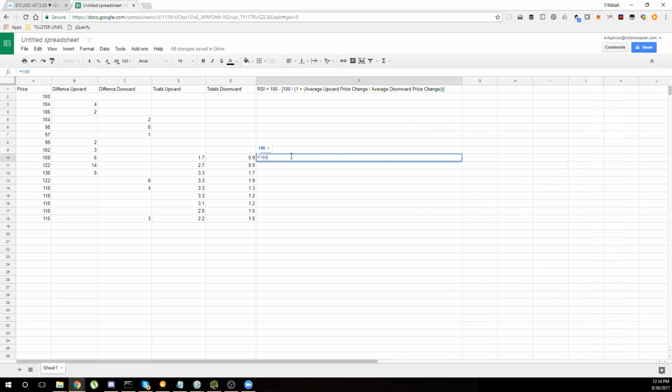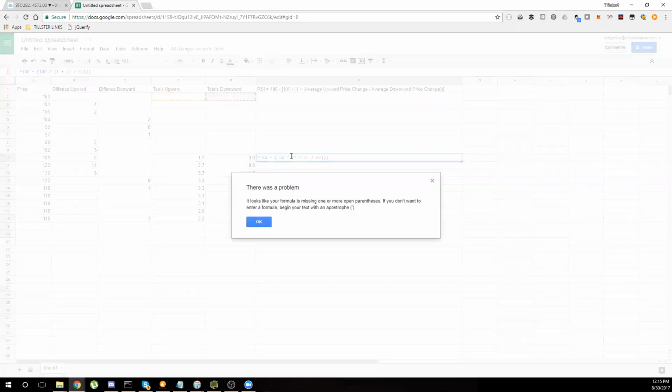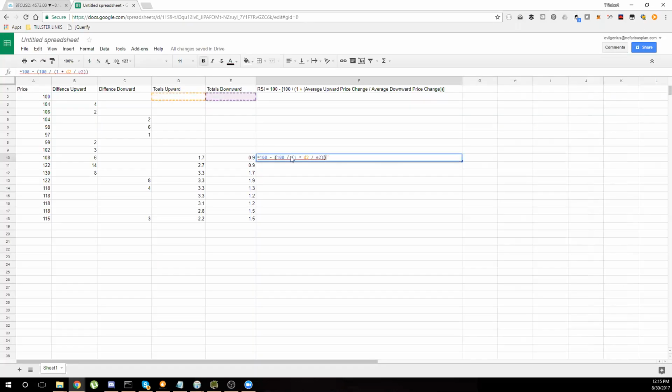We'll say 100 minus 100 divided by 1 plus D2 divided by E2. Close out that clever little equation there, if I don't screw it up, and get a nice divide by 0.